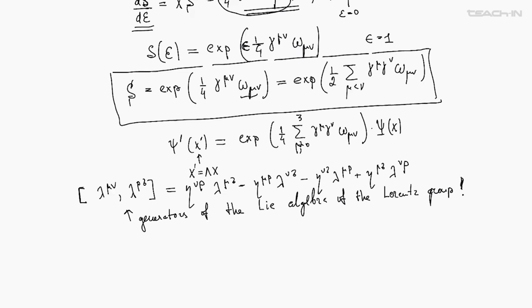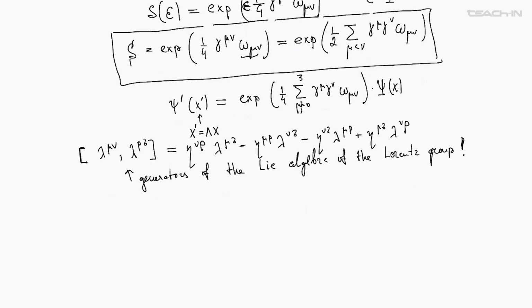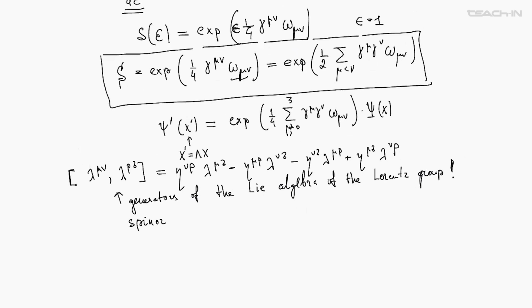So what we have obtained is a spinor representation, or spinor, because our transformations act on these 4 component objects, which we call spinors. And so in this way, we can say that what we have constructed is a spinor representation of the Lorentz group.